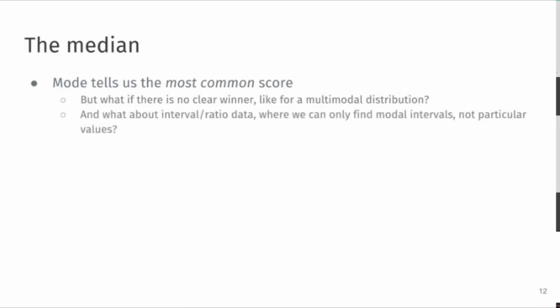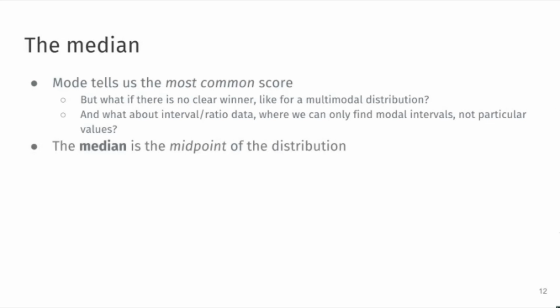What do we do? Also, in general, for interval or ratio data, we can only find modal intervals, not particular values. So again, what if we had decided on intervals of larger width or smaller width? What do we do then? The median doesn't suffer from these problems, although it still has some other things going on with it that we'll talk about in a bit.